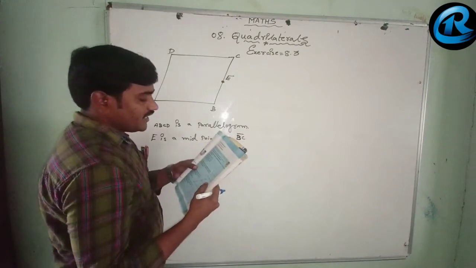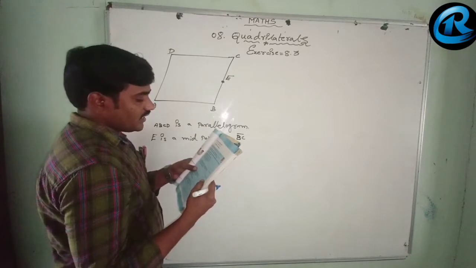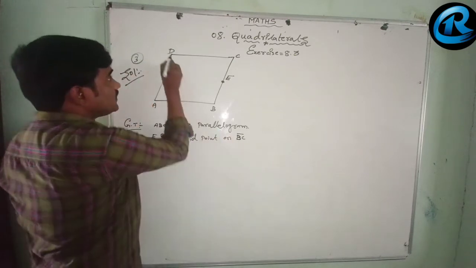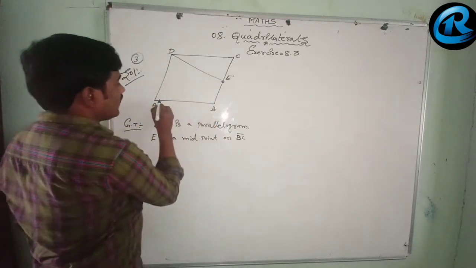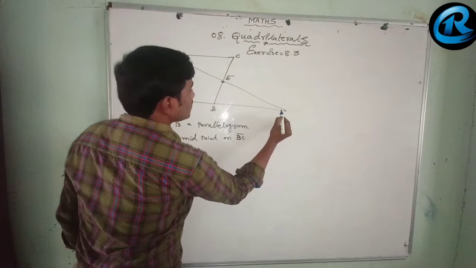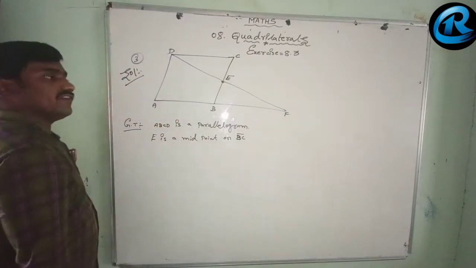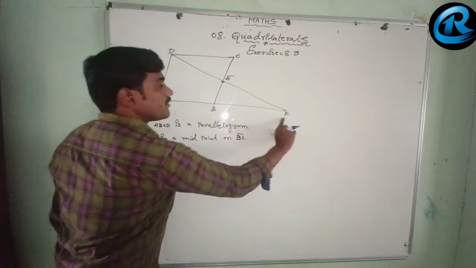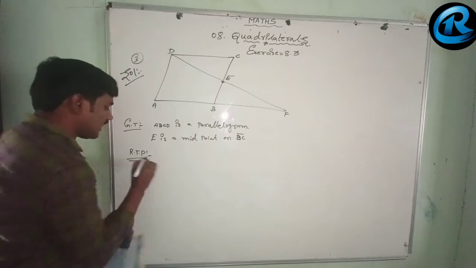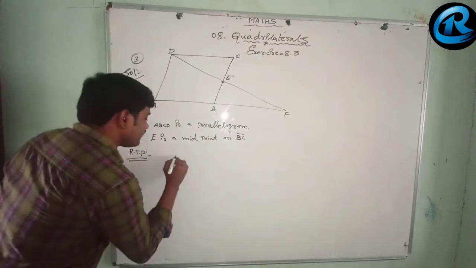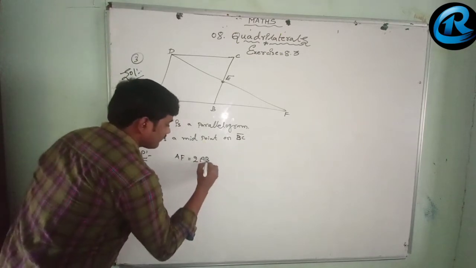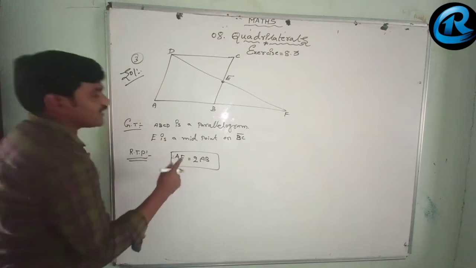Then DE and AB are produced to meet at F. This DE and this AB are produced until they meet at F. Then we need to show that AF is equal to twice of AB.